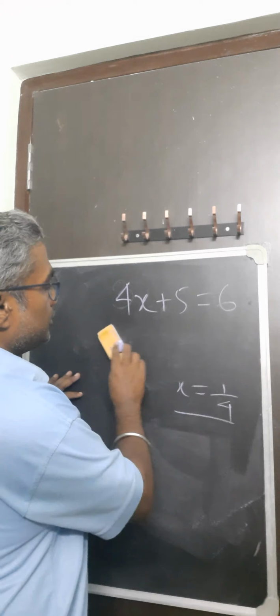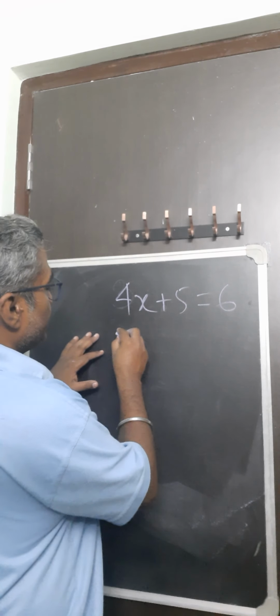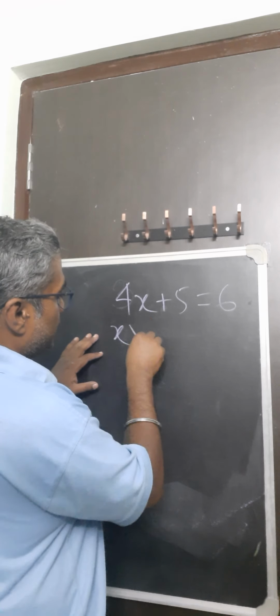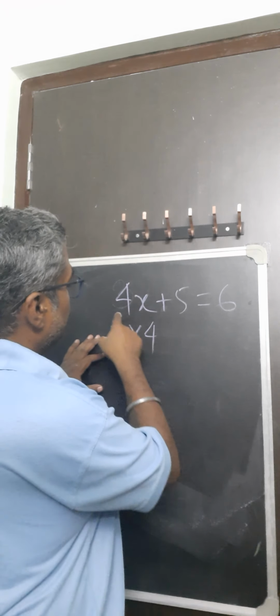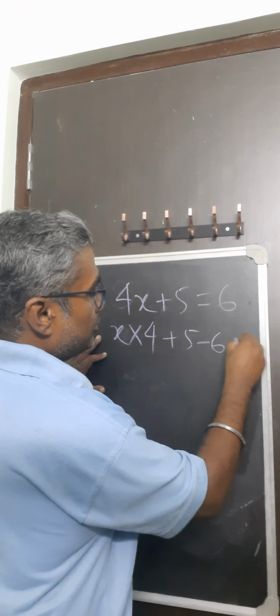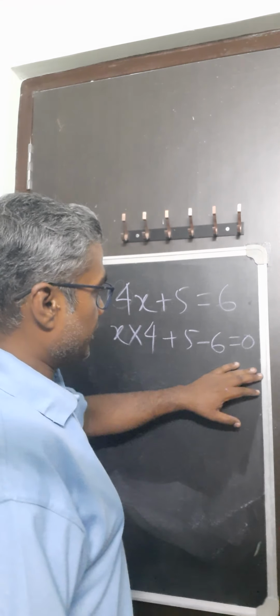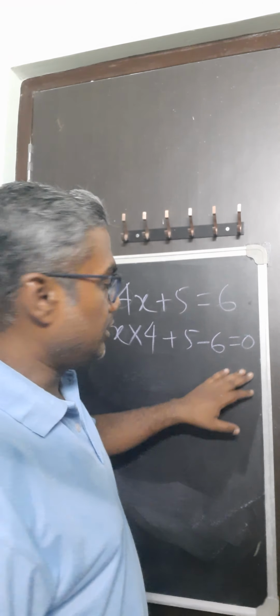Now if I follow my way of solving it, my trick, then I will write the equation in some other fashion. I will write x into 4. That doesn't change the meaning of the equation. So x into 4, then 5, and I will bring the 6 to that side. I will put 0 on the right hand side, because once 6 comes, there is nothing, so 0 remains.